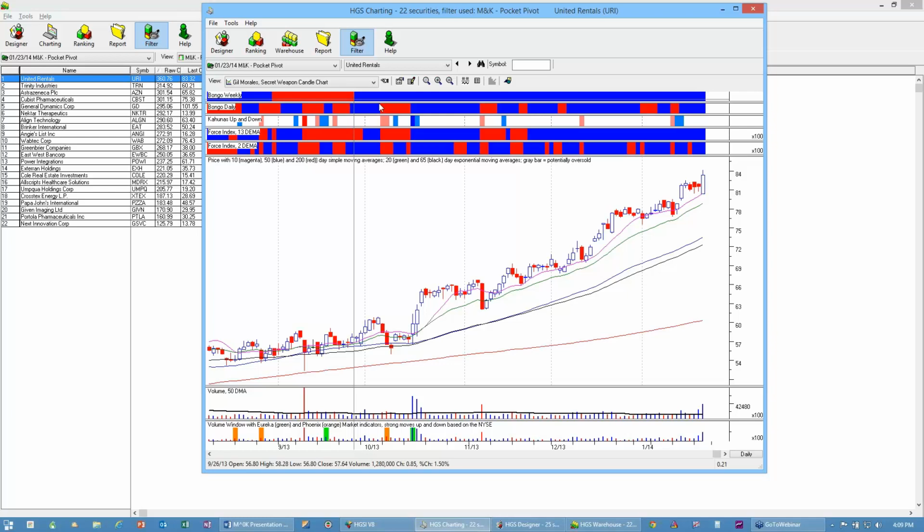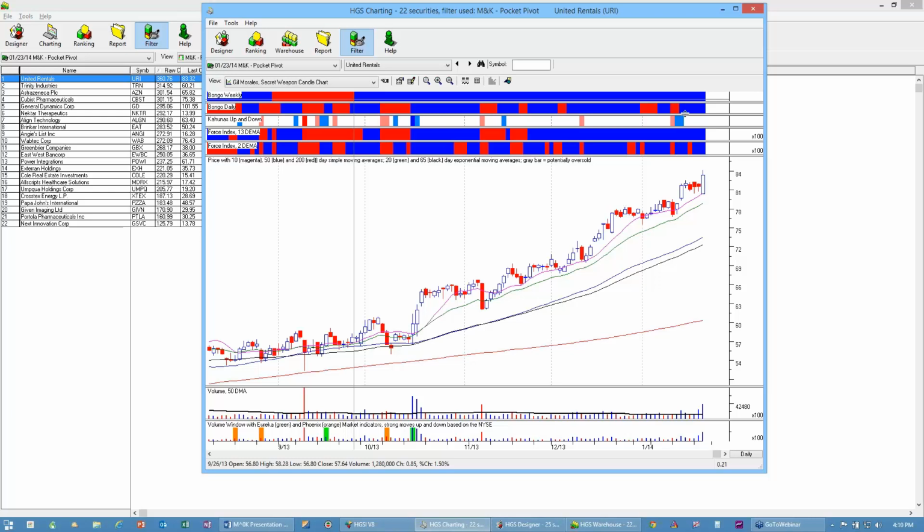And notice how this corresponds. It went from red to blue at this point, clear back here. So this corresponds to this entire run that this has been on. And it's kind of, well, a buffer, I guess is a decent word for it, to take your emotions out of the market.